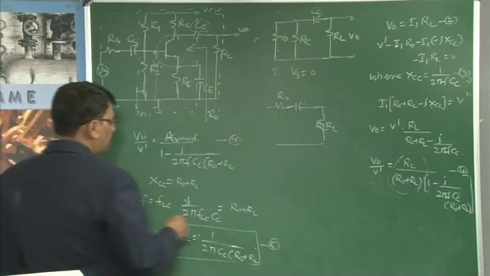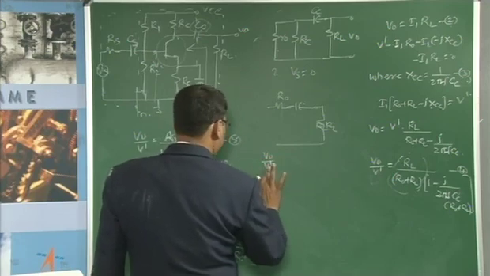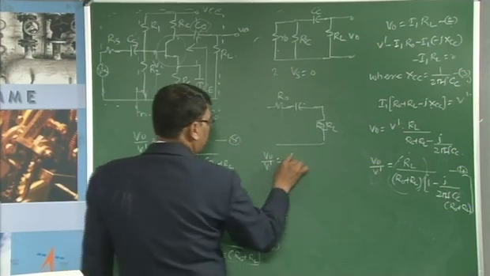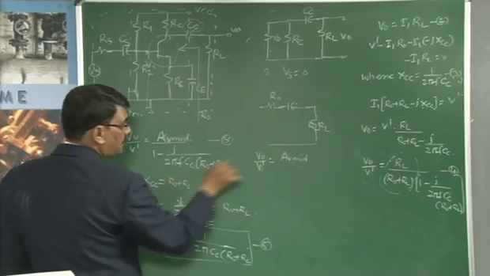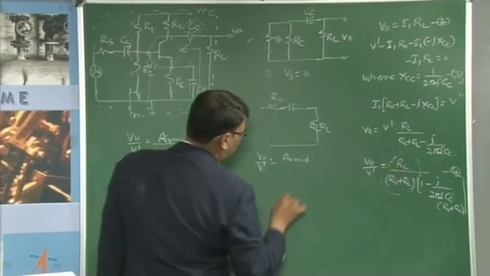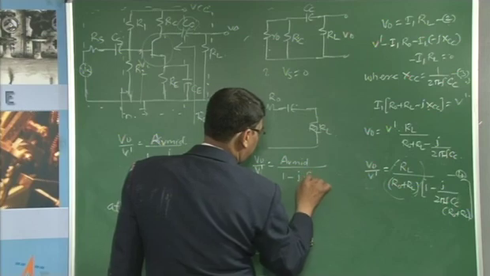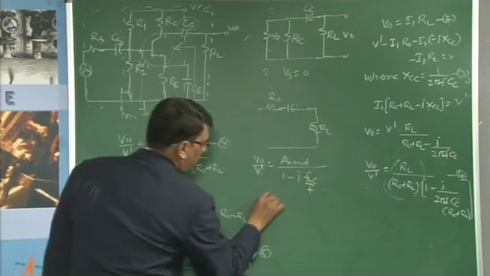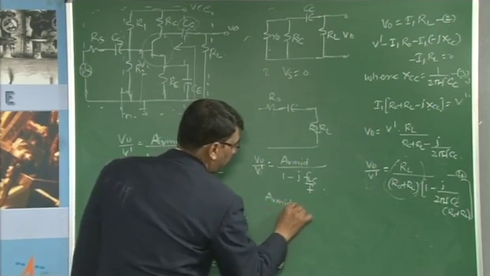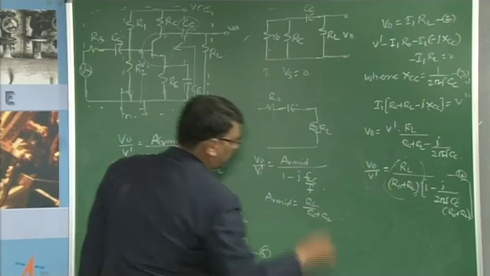Then the frequency response V naught by V dash is given by AV mid divided by 1 minus j FLC by F, where AV mid is equal to RL divided by R naught plus RL for this circuit.